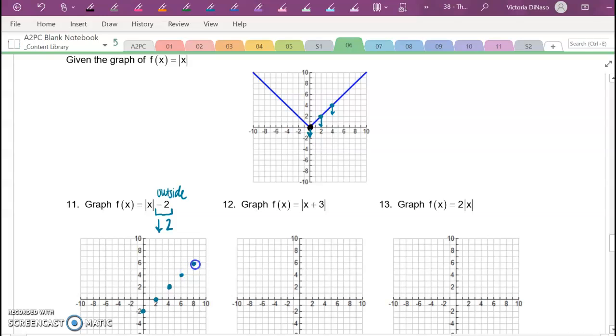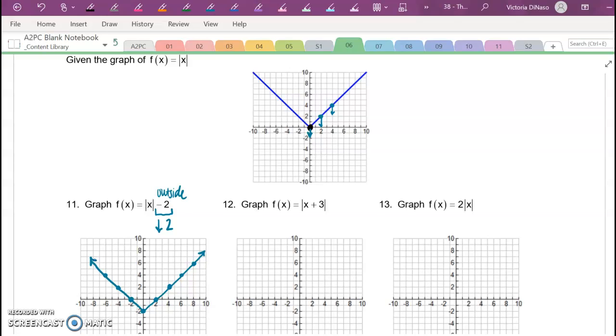So then you can label all the other points, and then we can go ahead and draw a line. Now, whatever's on the right side is exactly reflected on the left side. So they're spaced out perfectly. We can go ahead and draw our line. So this is my graph of the absolute value of x, and then minus 2.